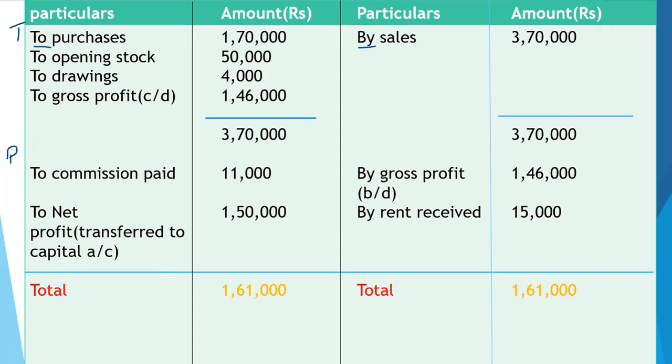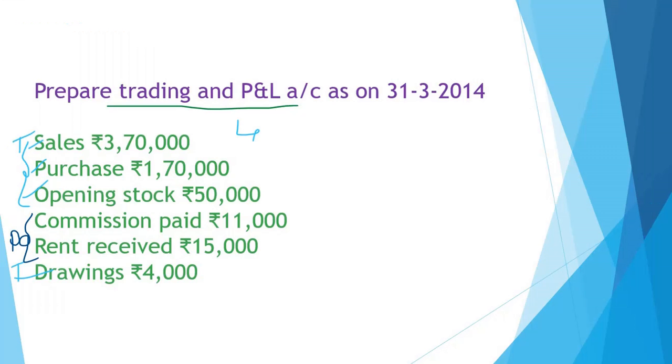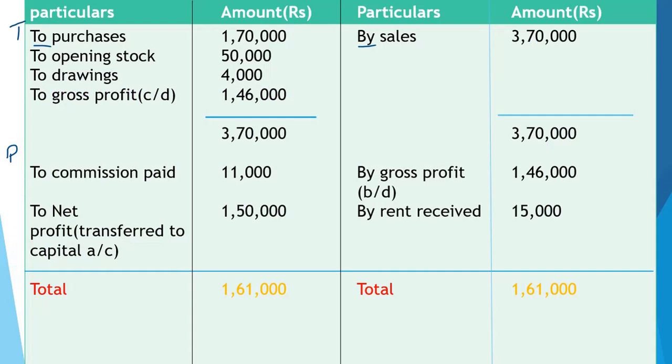So here we already know that sales, purchases, opening stock and drawings are on the trading side. Let us see that, guys. To purchases, this much amount, then to opening stock, 50,000, then to drawings also, we just added them. Now on the credit side, sales, this much amount. Next, now just calculate the total amount, guys.